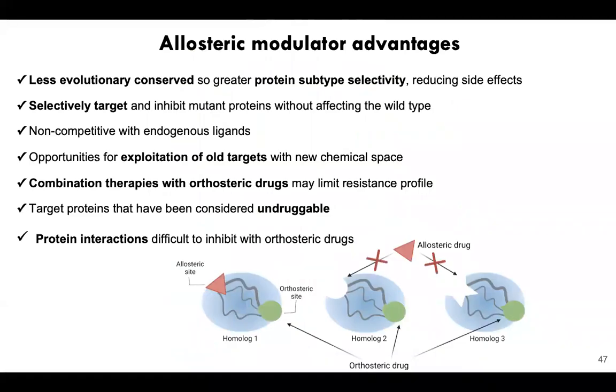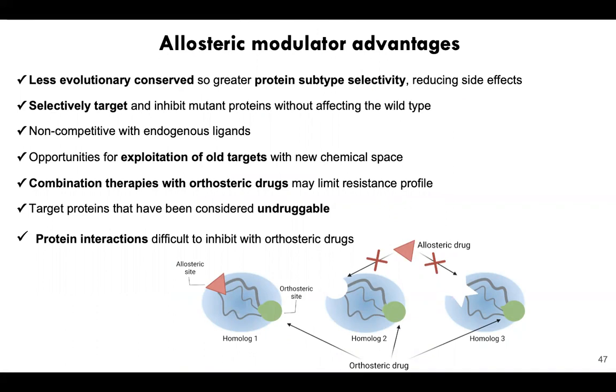So the allosteric modulators can bring a real evolution, we think. They target sites that are less evolutionarily conserved, so greater protein subtype selectivity can be achieved. You can selectively target proteins with non-competitive endogenous ligands.